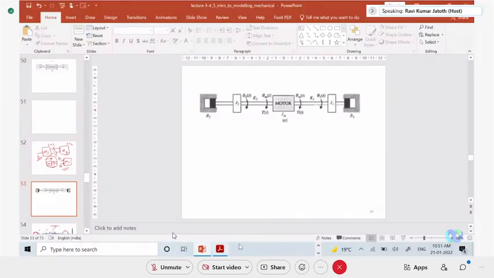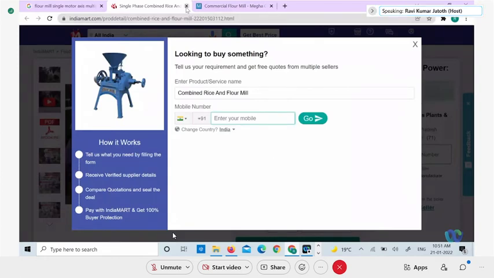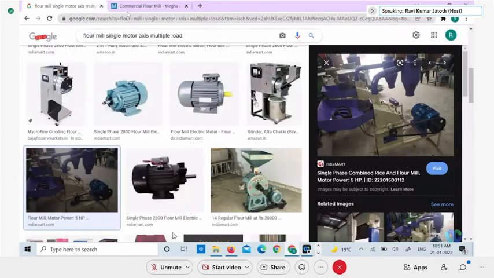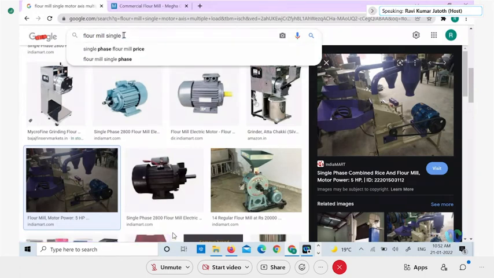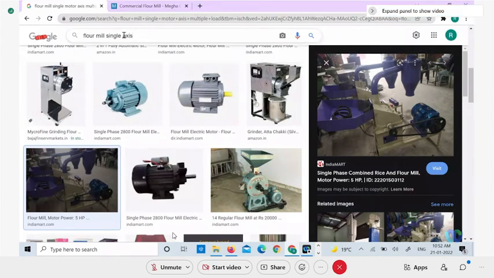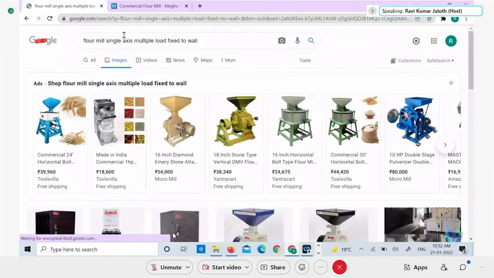Floor mill. Not getting exact, but floor mill, single axis, multiple load fixed to wall. I don't know whether Google gives us.